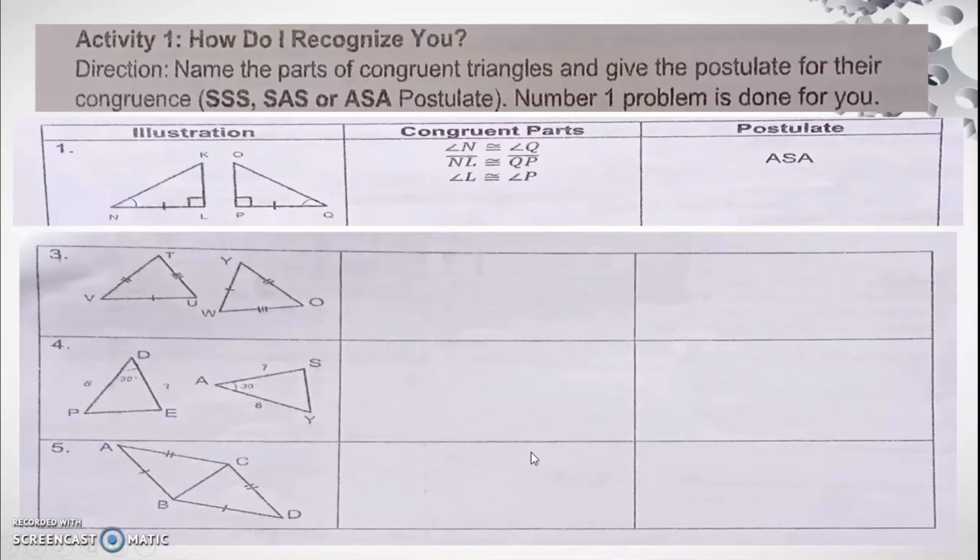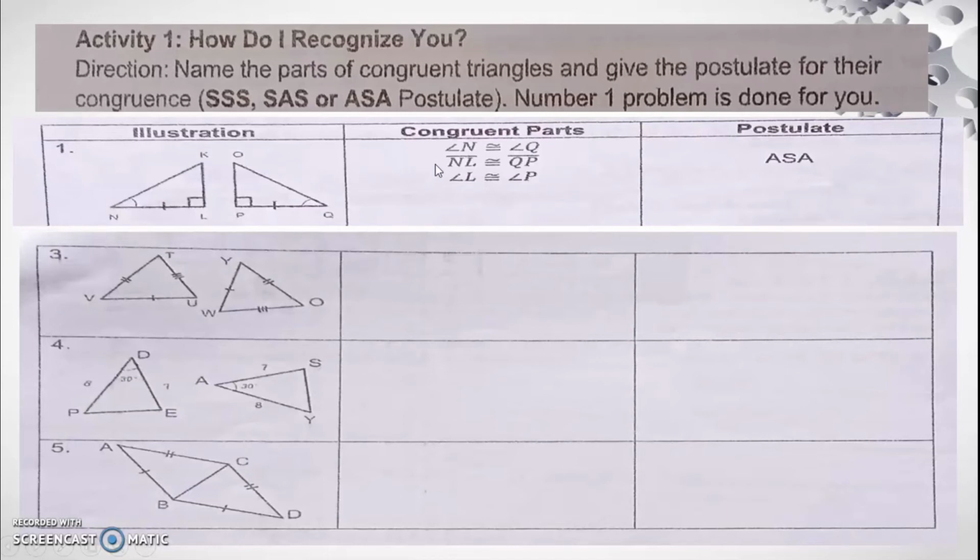So, we have our activity. Meron to sa inyong mga SLM. First activity, How Do I Recognize You? Direction: name the parts of a congruent triangle and give the postulate for their congruence, either SSS, SAS, or ASA postulate. Number 1 problem is done for you. Makikita natin ang congruent parts nila.